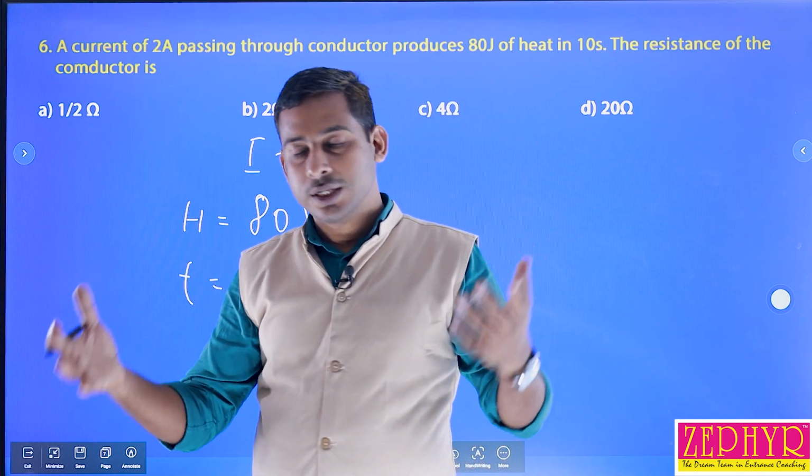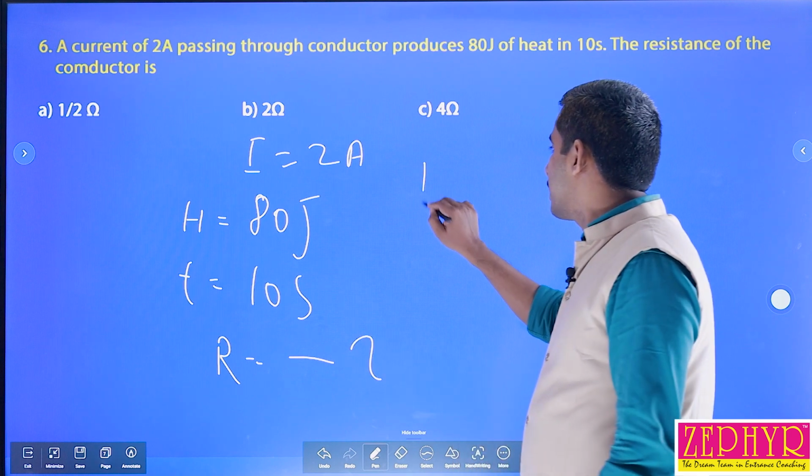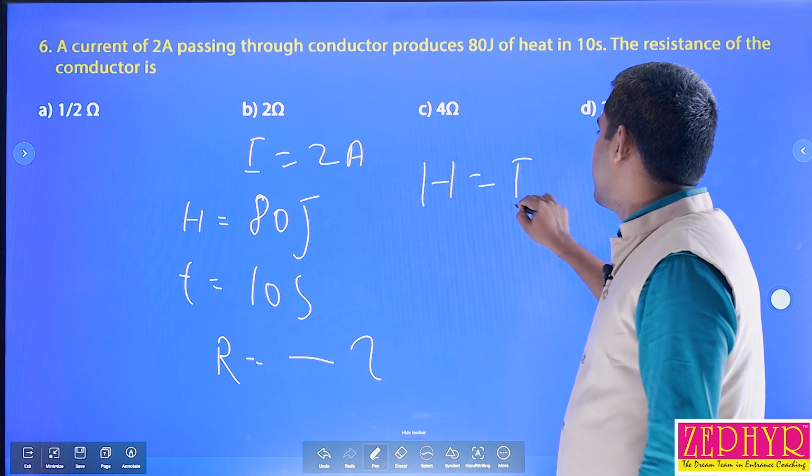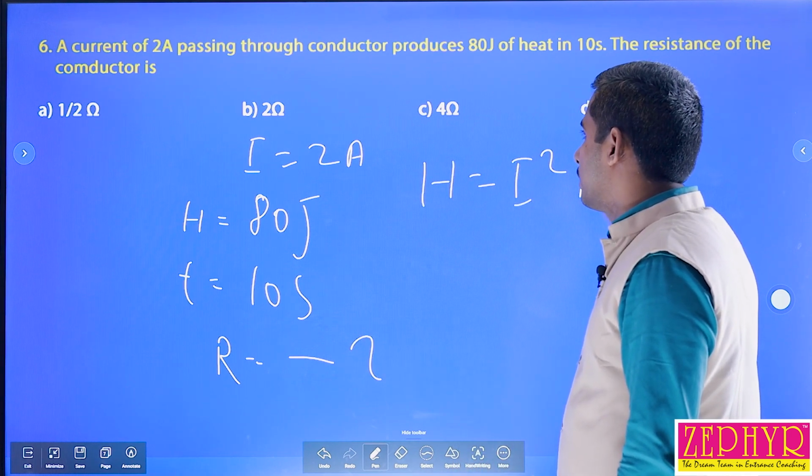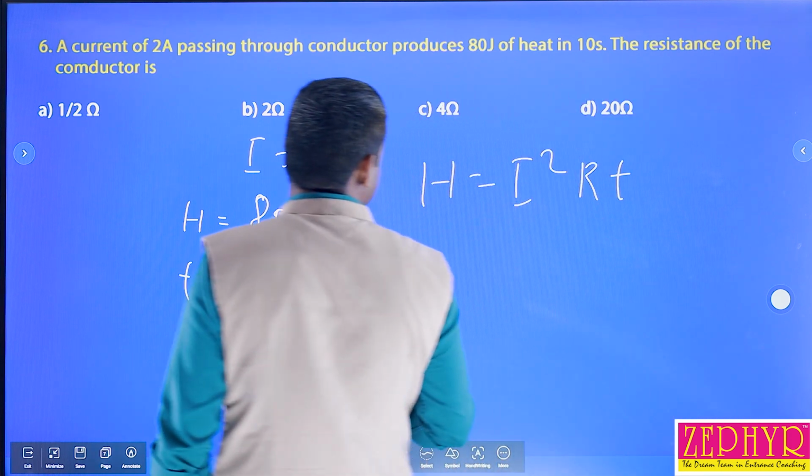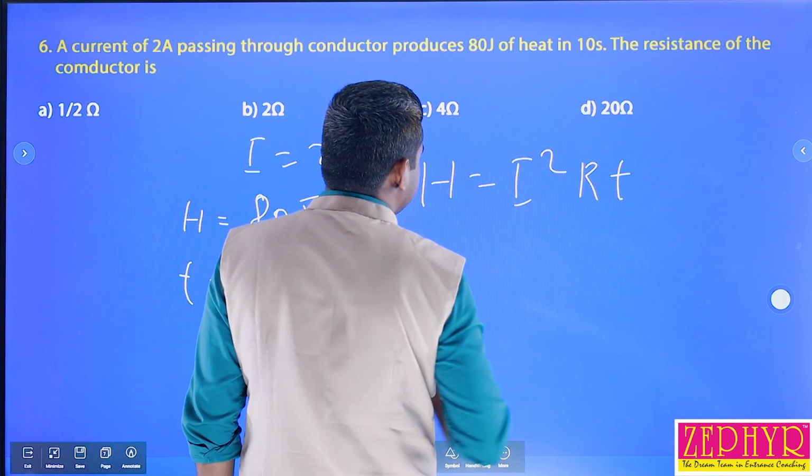That is nothing but H equal to I square RT. What was the equation? H equal to I square RT. So we have to find R from the given equation.